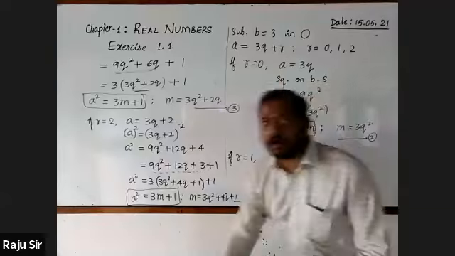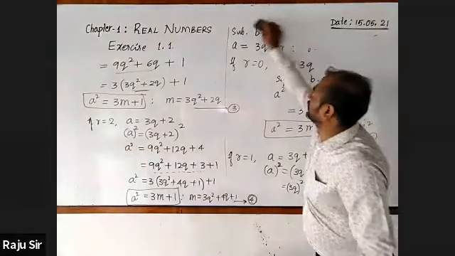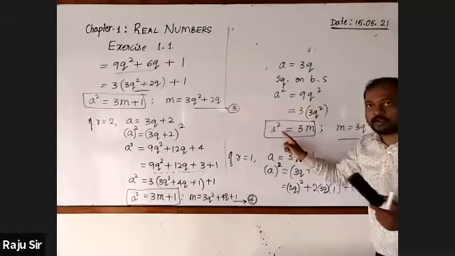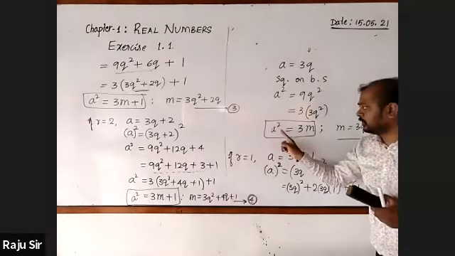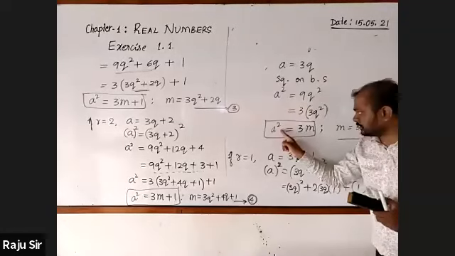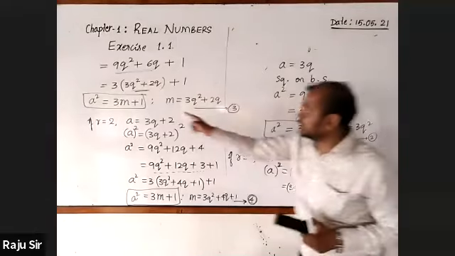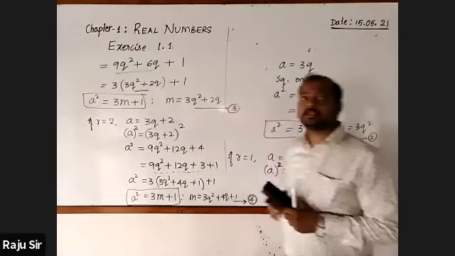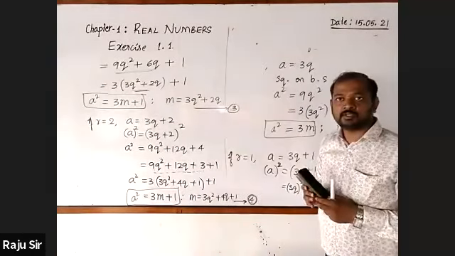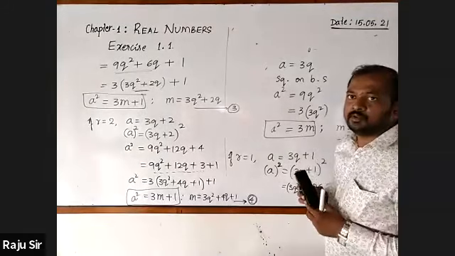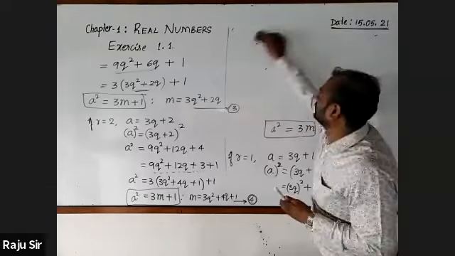By using all these, we can conclude that the square, don't write, observe the board, of any positive integer will either be in the form of 3m or in the form of 3m plus 1. Got it? Yes, sir.